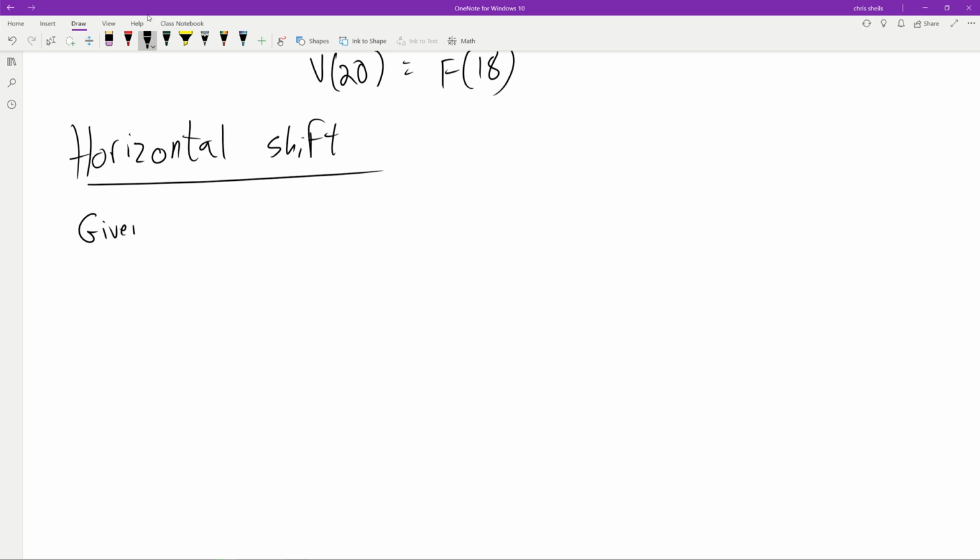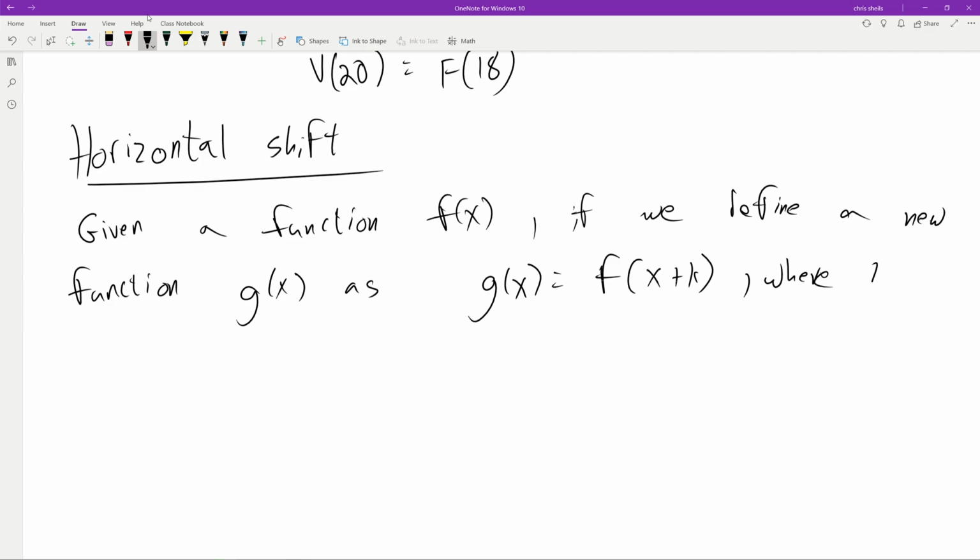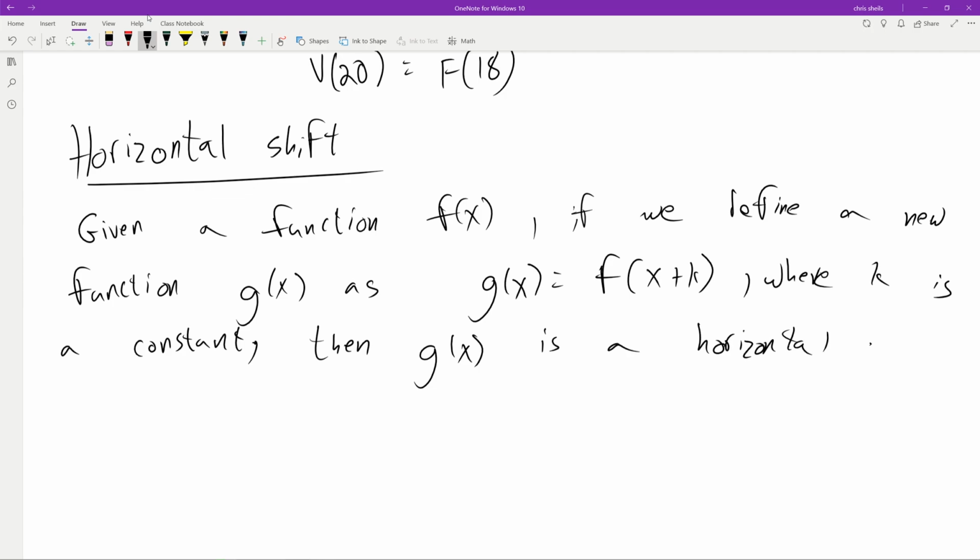In this case, given a function f of x, if we define a new function g of x as g of x equals f of x plus k, where k is a constant, then g of x is a horizontal shift of the function f of x.